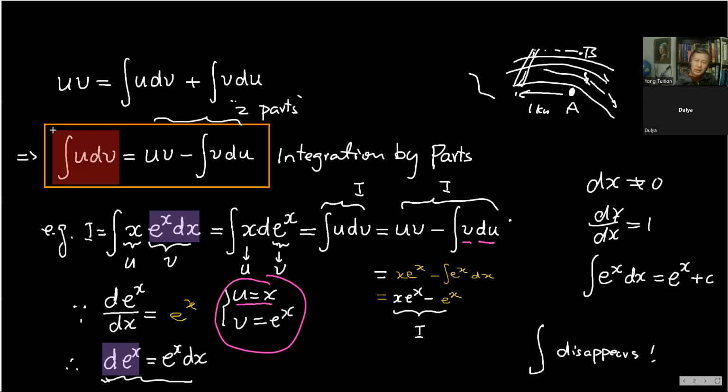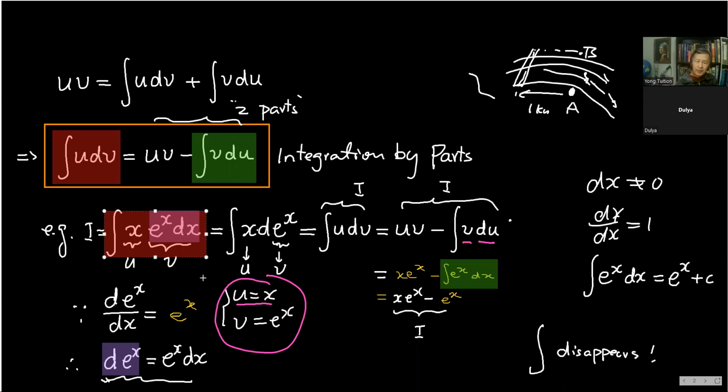If you can write the integration as a u dv, then we can avoid doing the difficult one. Instead, we just go to the simple one. In this case, this is rather simple compared with this one. Do you agree? That is integration by parts.